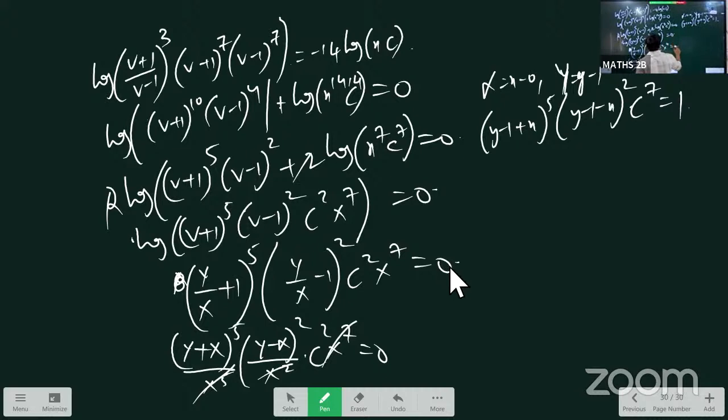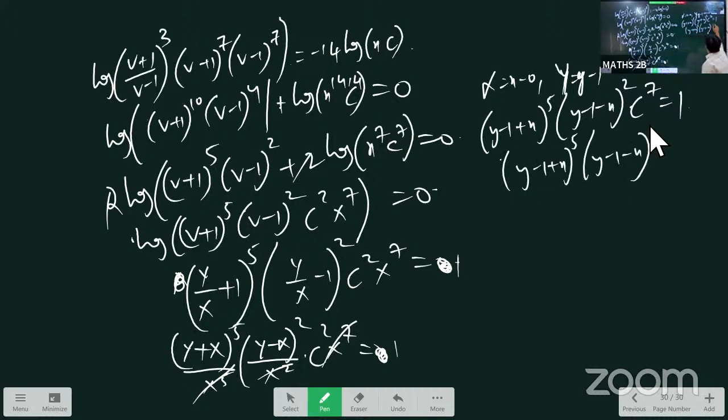It becomes 1. That is nothing but your complete answer: (y minus 1 plus x) whole power 5, (y minus 1 minus x) whole square, equals 1 by C power 7. You take it as one more constant, 1 by k. This is what we call a non-homogeneous equation.